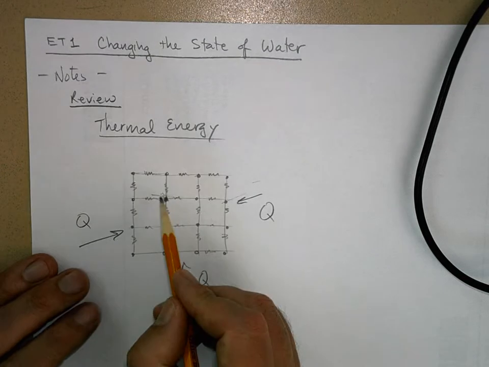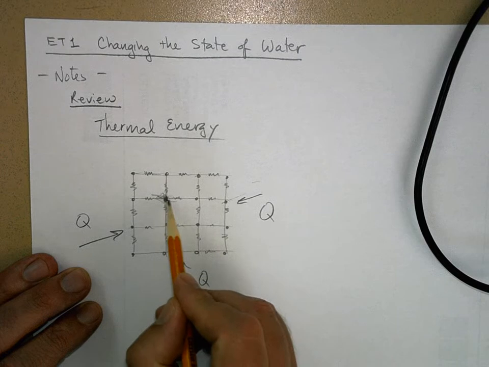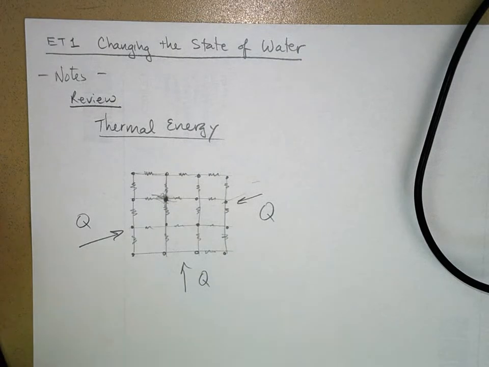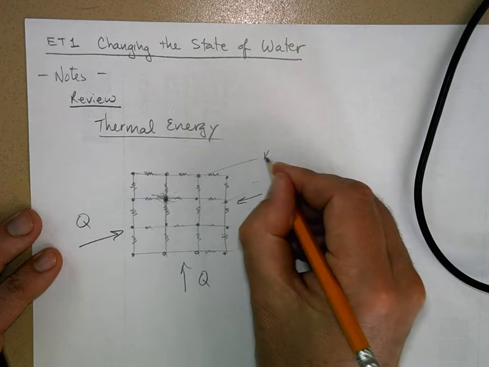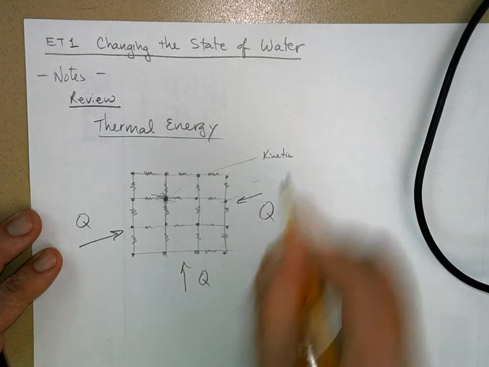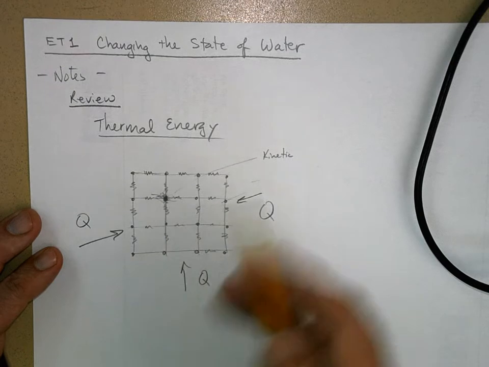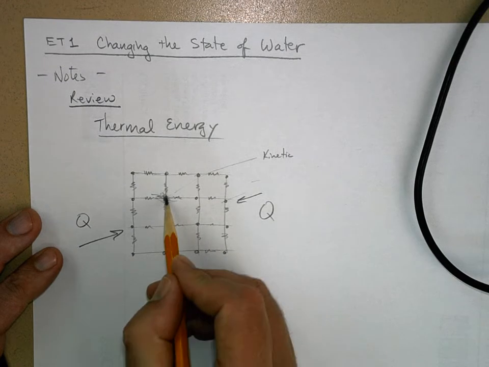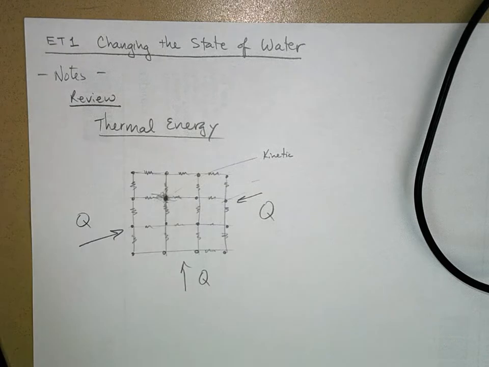Now, if you imagine this guy moving around in here, there's energy contained. There's the energy of motion, which we call kinetic energy, the kinetic energy of the individual molecule. And also, when it squeezes in too close to another molecule, that other molecule wants to push it away. So there's potential energy stored in that.